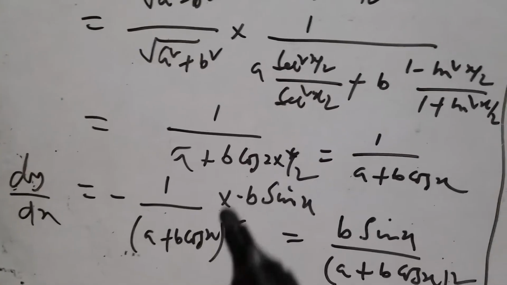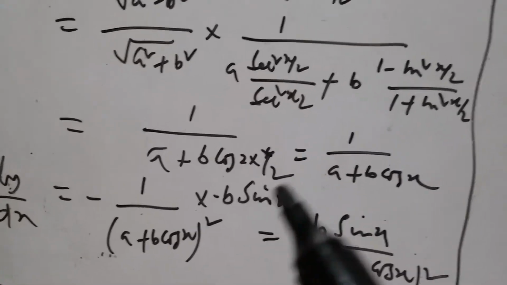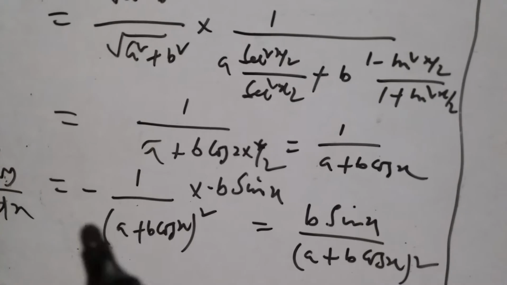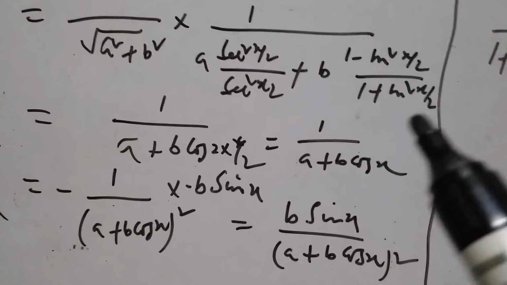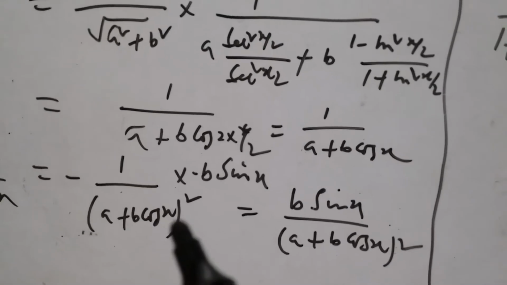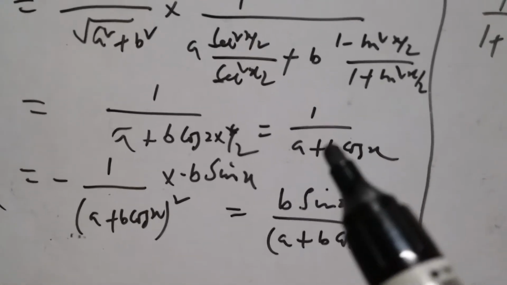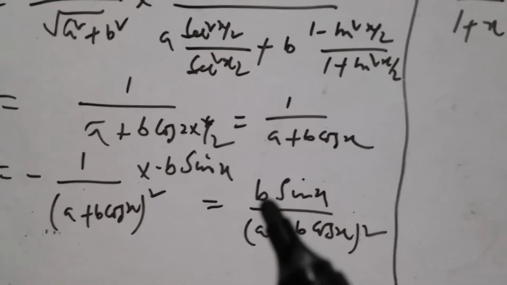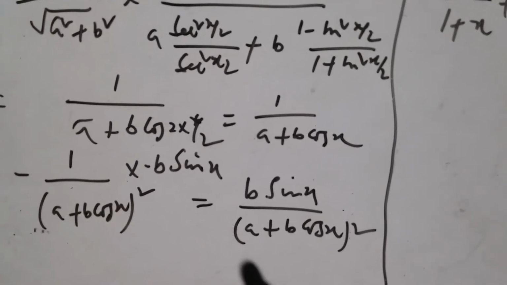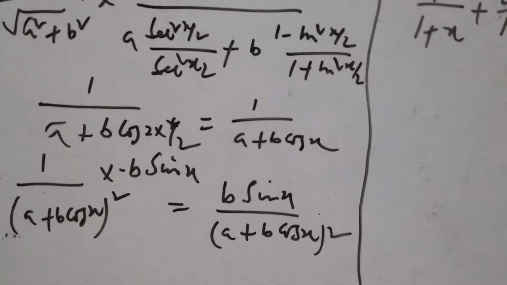Now derivative of this again: minus coming, and a plus b cos x to the power minus 2, that is (a plus b cos x) whole square, and the derivative of b cos x is minus b sin x, hence b sin x by (a plus b cos x) whole square.